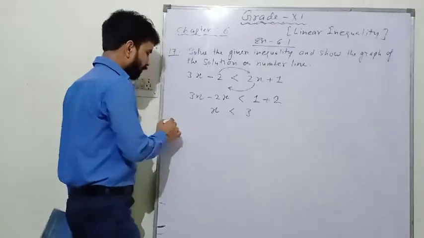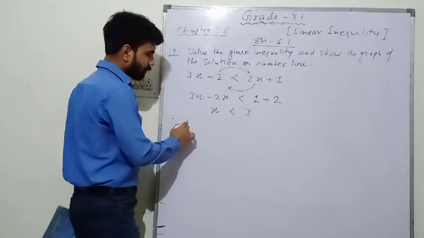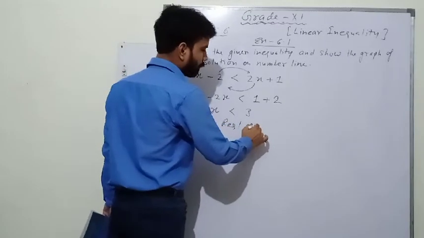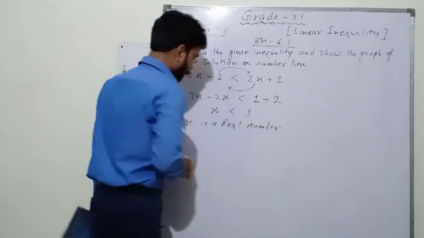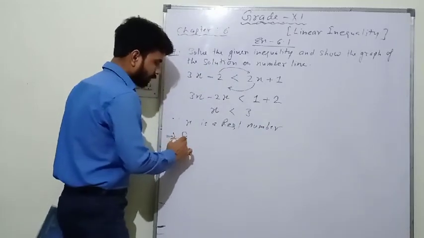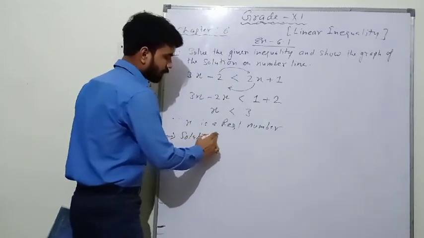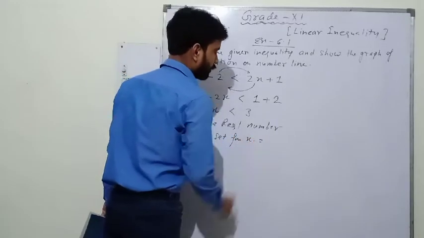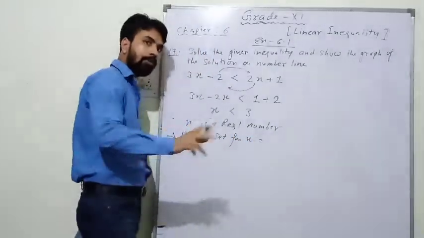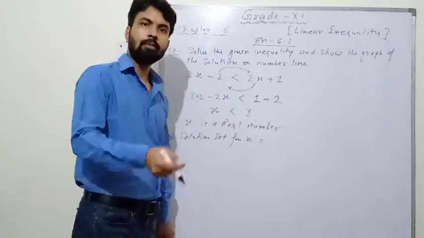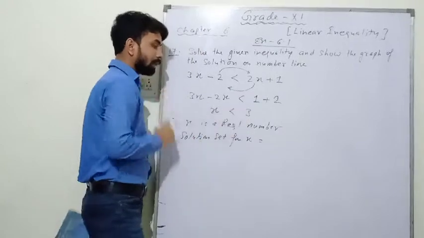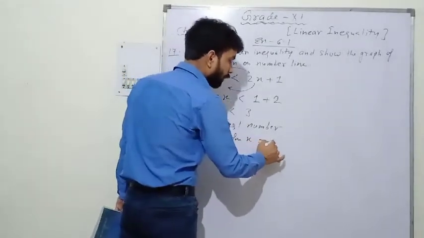So if x is a real number and x is smaller than 3, then what will be the solution set for x? So since x is a real number, then solution set for x equals, x is a real number and we know that real numbers start from minus infinity to plus infinity, but x is smaller than 3, so what we will do?